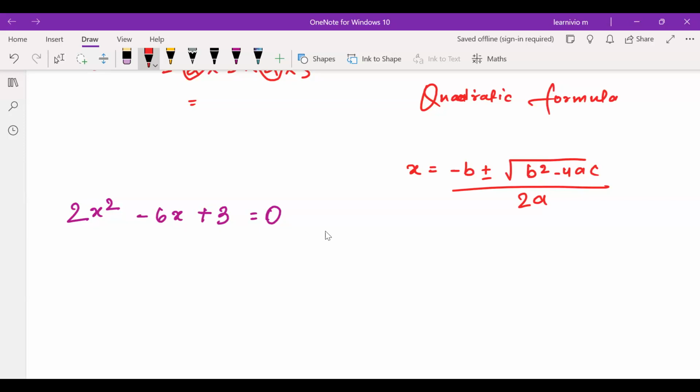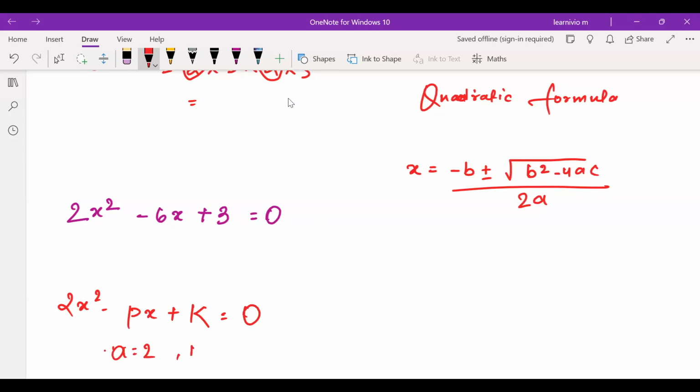Now I have seen a few students of mine, Zoha, struggling when I write 2x square minus, let's say, px plus k. What is a, what is b, and what is c in this equation? A is 2, b is minus p, and c is plus k.